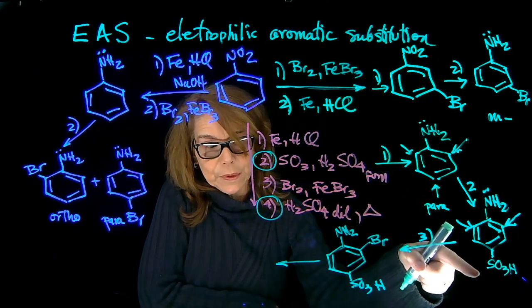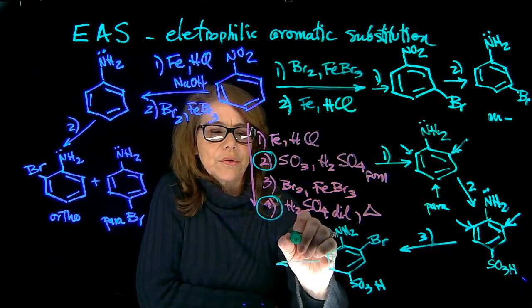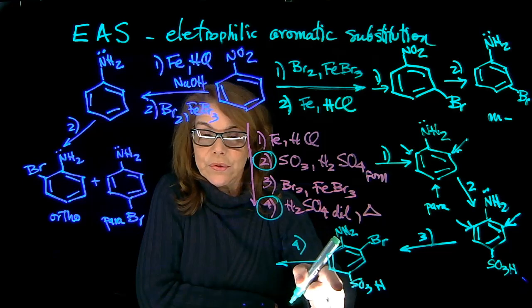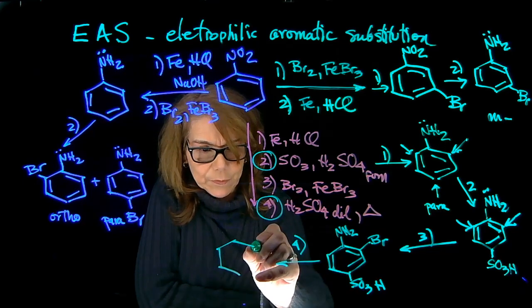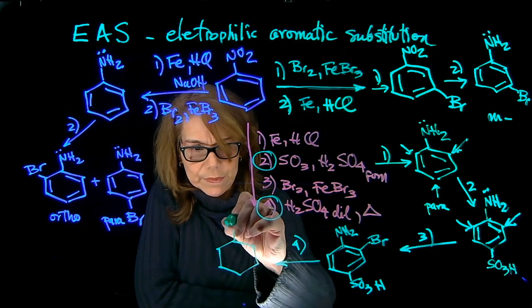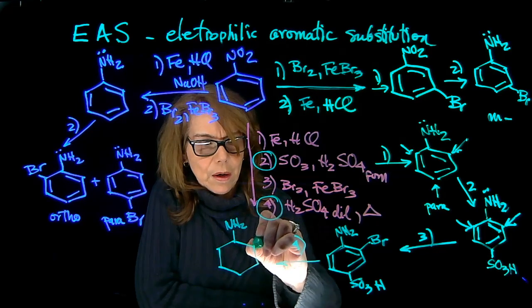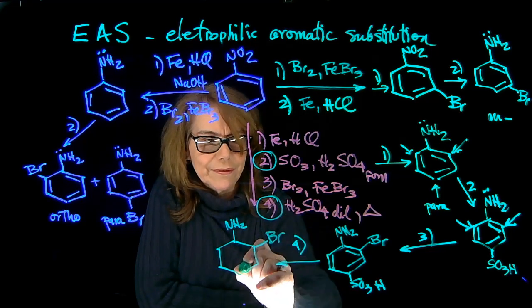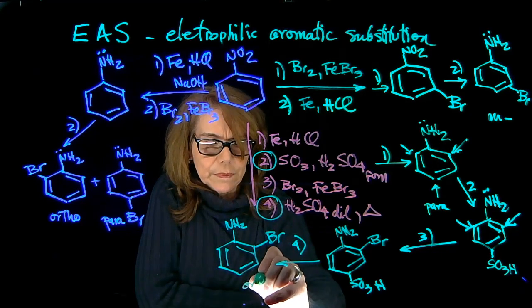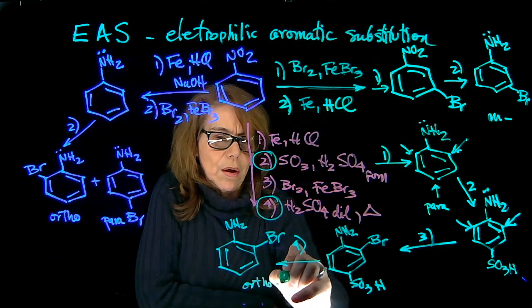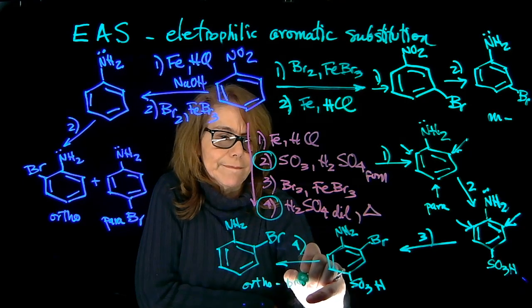We're protecting the para position. Now using condition 4, I'm going to remove the sulfonic group. And let's see what the outcome is. So I have amino here, and after removing this, I have exclusively the ortho bromoaniline.